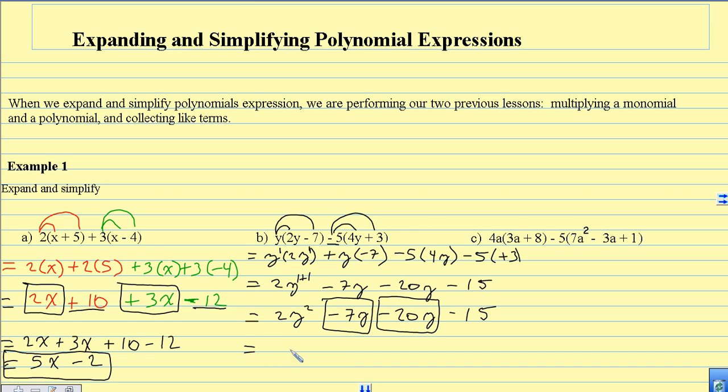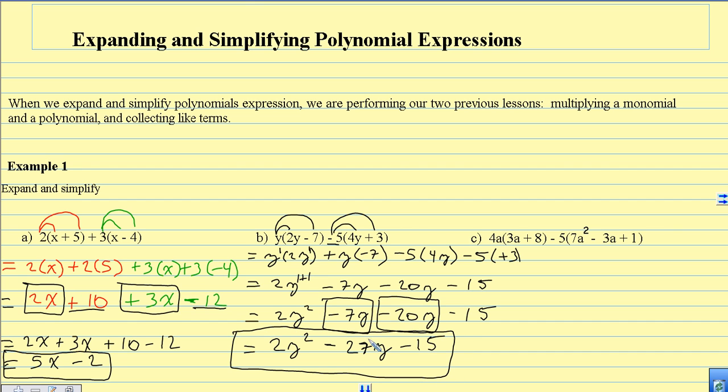So we rewrite the unlike terms, 2y squared, and now minus 7y minus 20y becomes minus 27y, and then minus 15. Okay, so there's your answer.